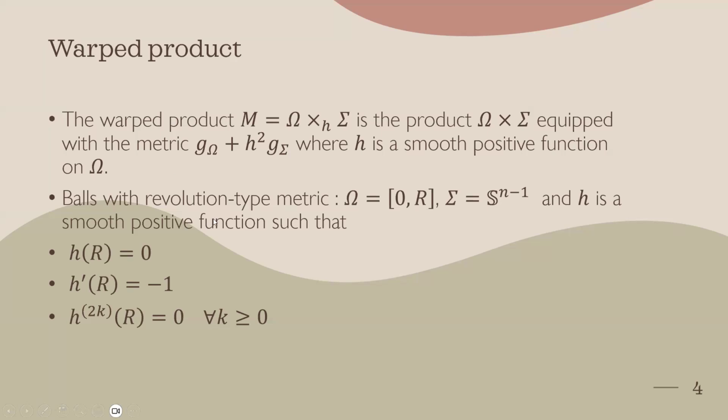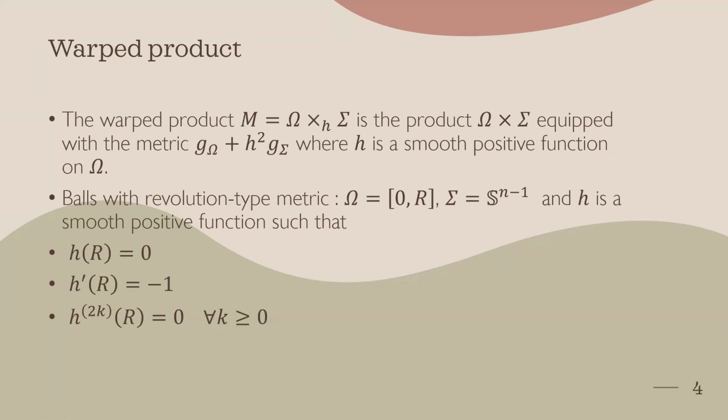Also, it can be seen as a specific type of warped product: balls with a revolution type metric on it. What I mean is that we consider the product of the interval 0 to R times the sphere of dimension n minus 1, and we consider the same type of metric. So the metric dr squared, the metric on the interval, plus h squared times the round metric on the sphere.